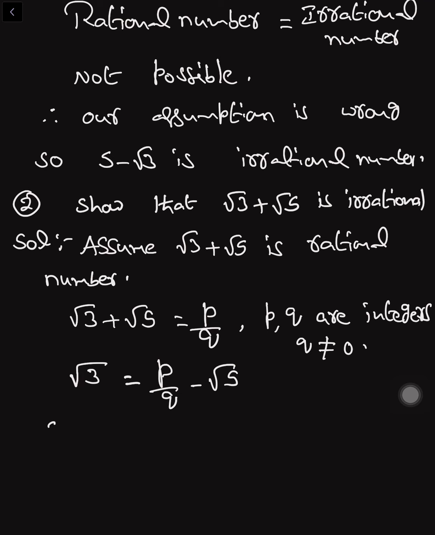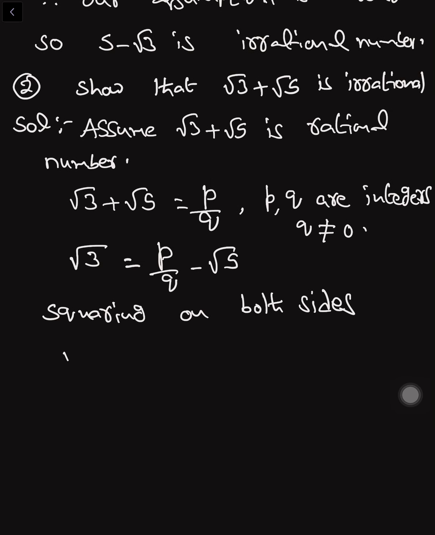Now squaring on both sides. Root 3 whole square is equal to p by q minus root 5 whole square.